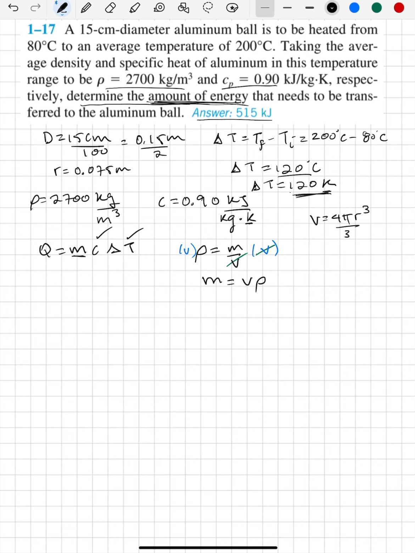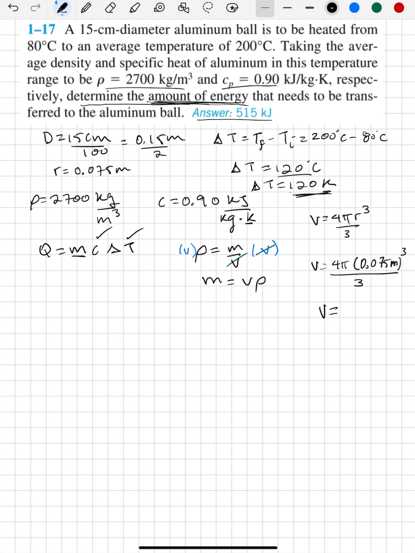So then, volume is just going to be 4 pi times the radius, like we said, is 0.075 meters. I like to work with my units. Cubed all over 3. Once I plug all of this into the calculator, I end up getting the following value.